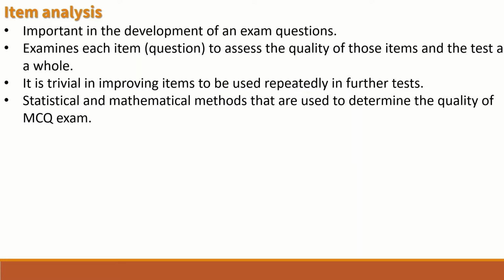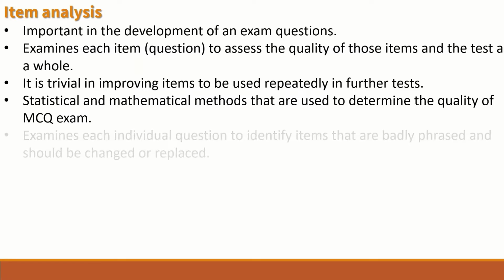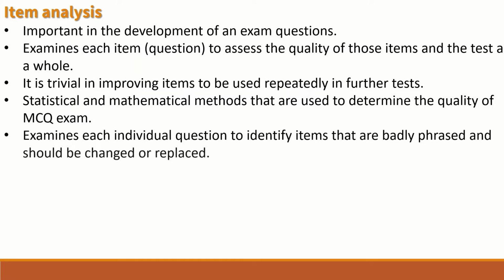Item analysis uses statistical and mathematical methods to determine the quality of a multiple choice question exam. It examines each individual question to identify items that are badly phrased and should be changed or replaced.